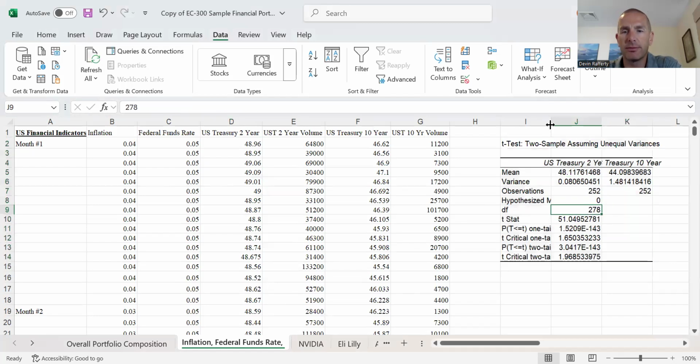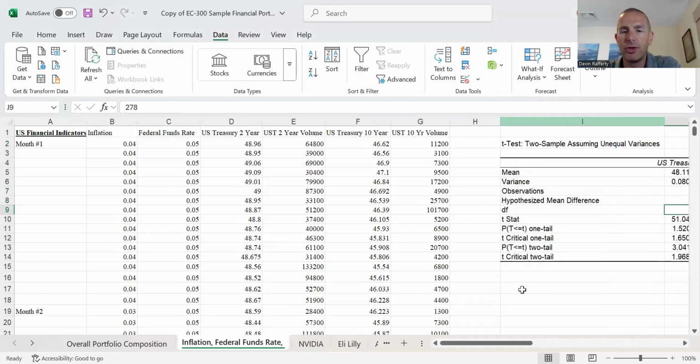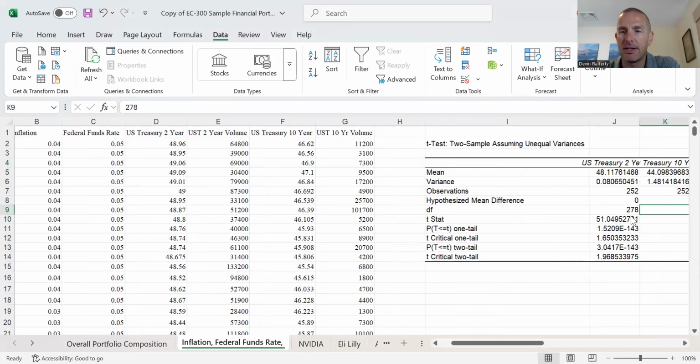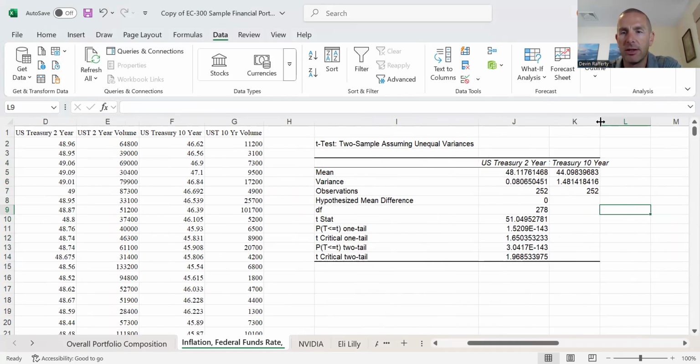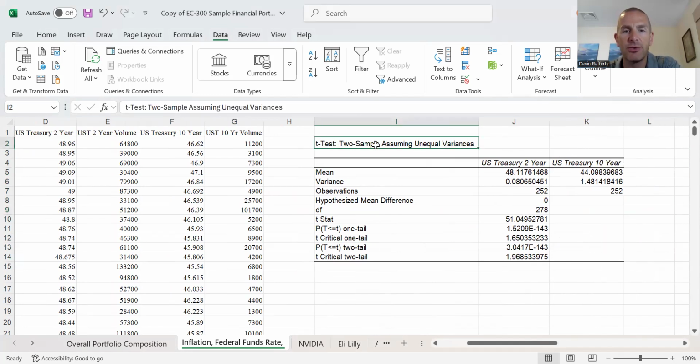And here we are. We have a 2-sample hypothesis test. That's what our computer just ran for us. These are the results of a t-test, two-sample assuming unequal variance. First we have the data on the US Treasury 2-year, and we have data on the US Treasury 10-year.